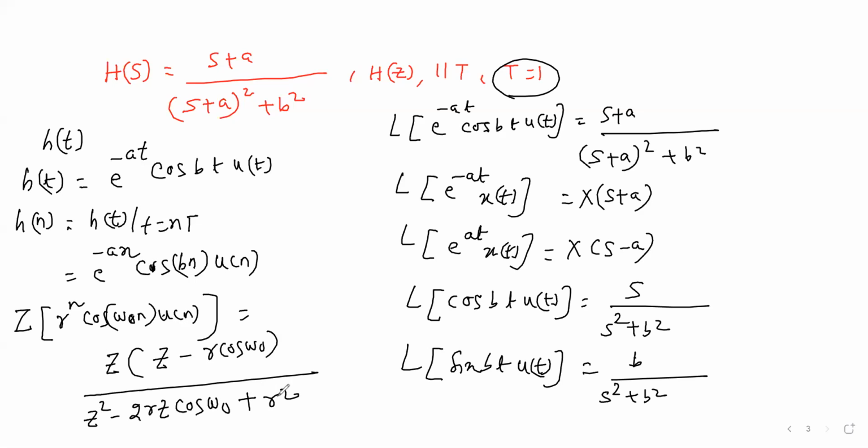Otherwise, you should go through that transform once. Now, what is the value of r here? r is e to the power minus a. And what is the value of omega 0? Omega 0 is b. Now simply replace r by e to the power minus a and omega 0 by b, you will get the answer. Okay. Yes or not?